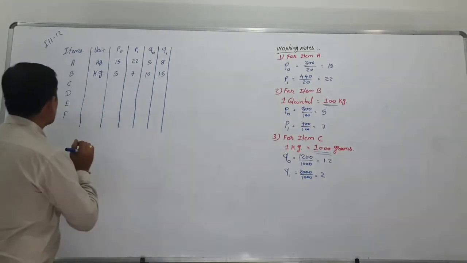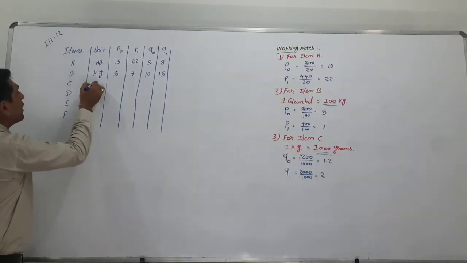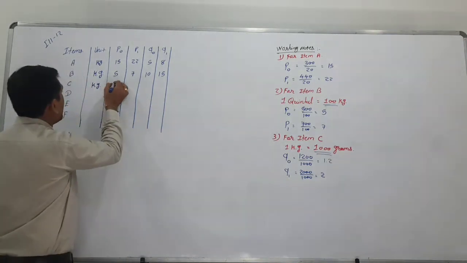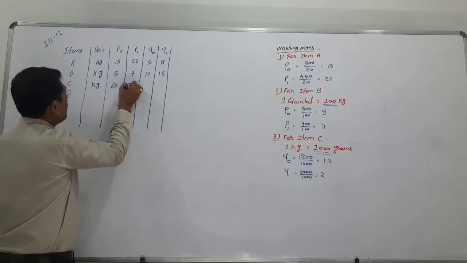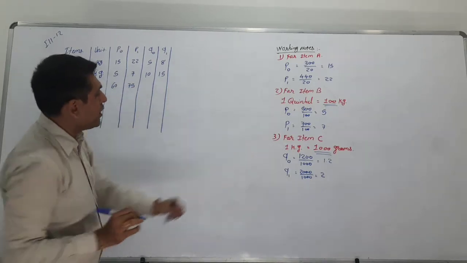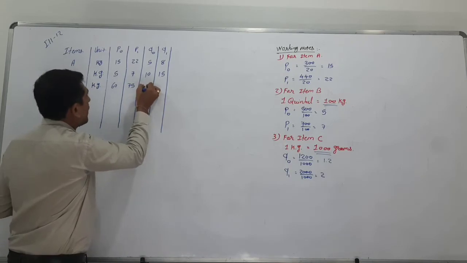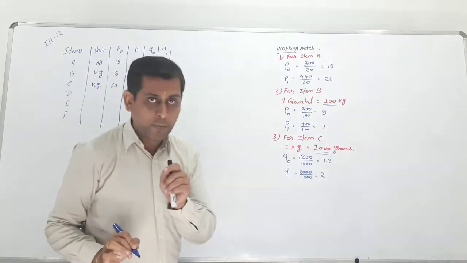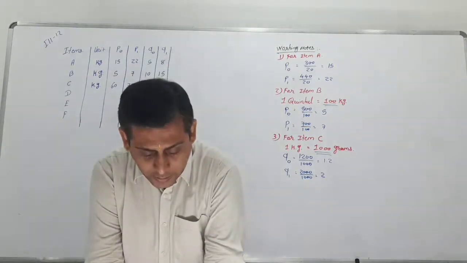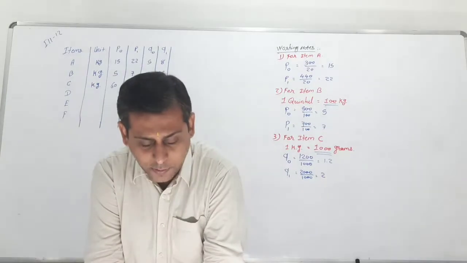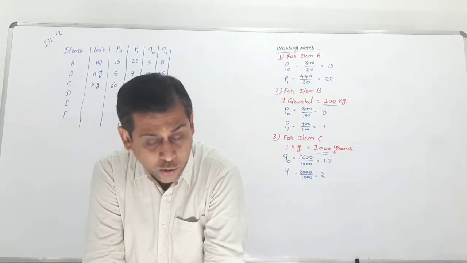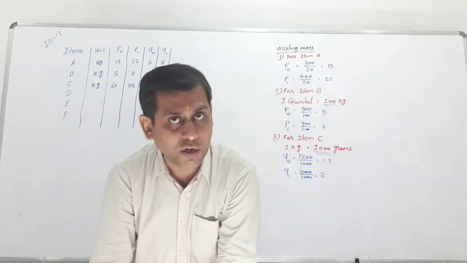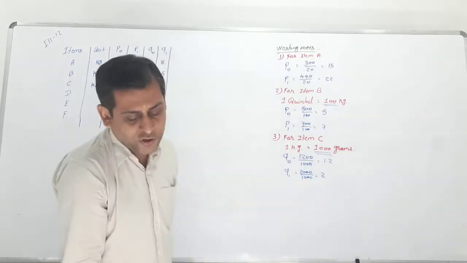So here I am converting the quantity, and that's why we have to write kg again. Price we are not changing, that's why we write 60 and 75 as it is, and we are converting the quantity, so in the quantity column we write 1.2 and 2. Okay, confirm? Now see item D. I told you that for items D and E, meter and liter, there is no change. That's why we just write the data given in the question.